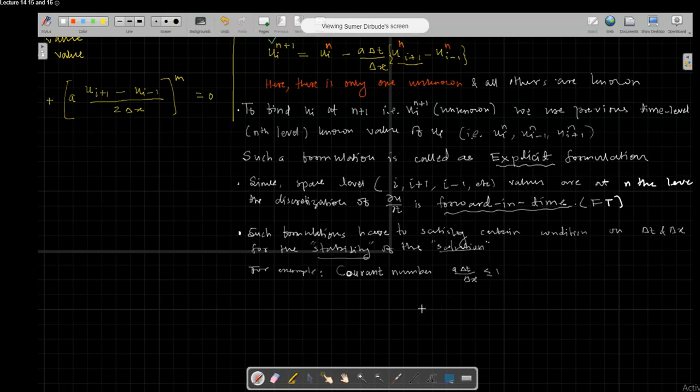That is one claim. Now there is another number, that is the Fourier number, and a variety of names are available for it. Alpha delta t by delta x square should be less than or equal to half. This is for 1D.